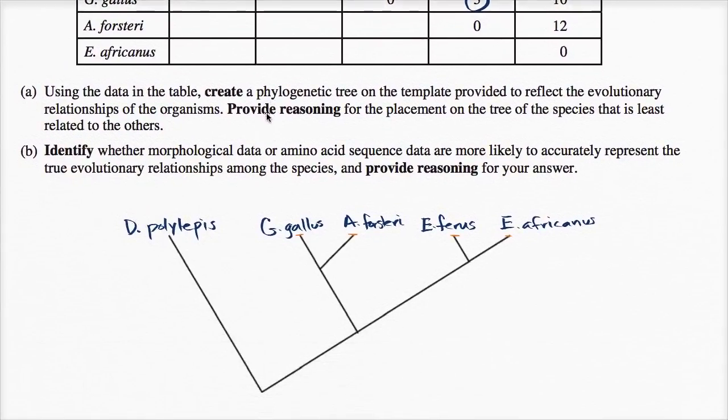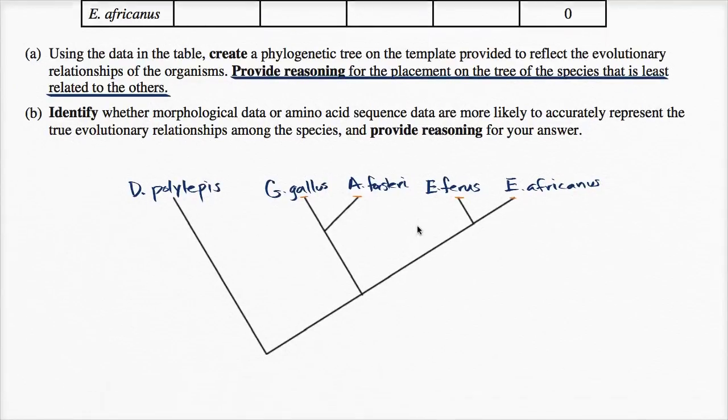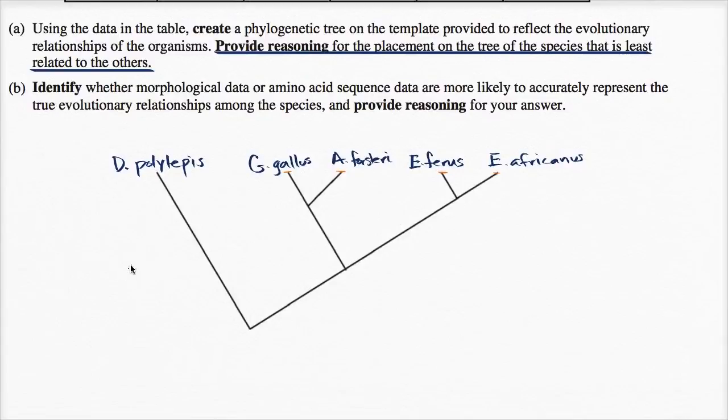And they say provide reasoning for the placement on the tree of the species that is least related to the others. So I'll provide the reasoning.